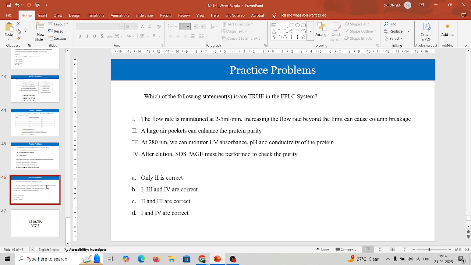So this is basically a system. More than a chromatographic technique, it's a system that takes up different types of chromatographic columns or techniques. You attach the column to this system and you do that particular chromatography. It's connected to the pump, the detectors and the monitor for getting the curves. So it's simple like that.